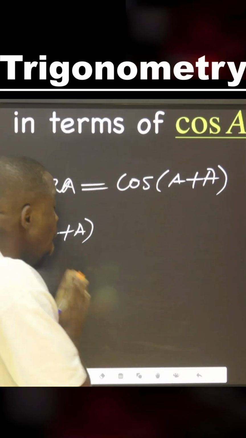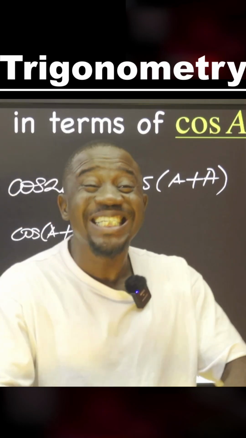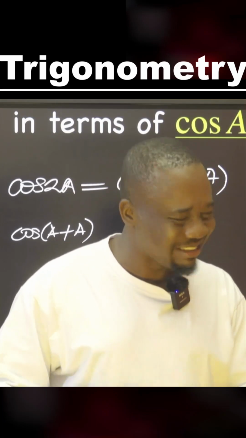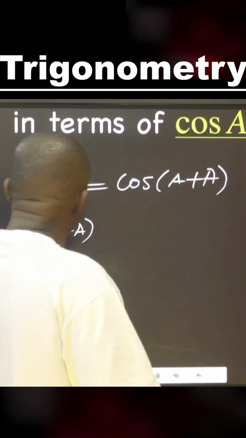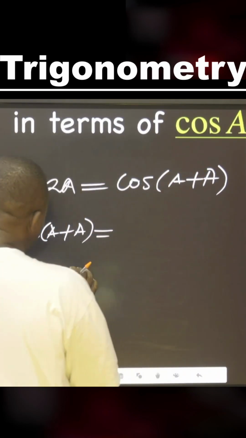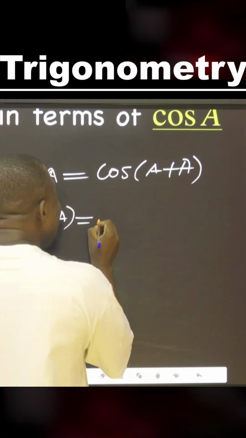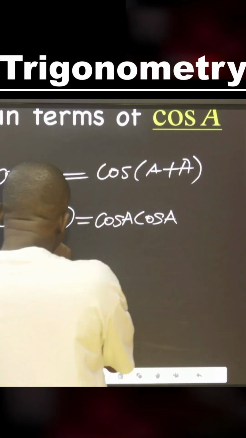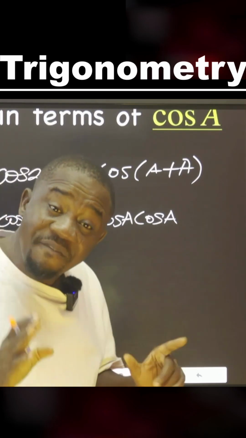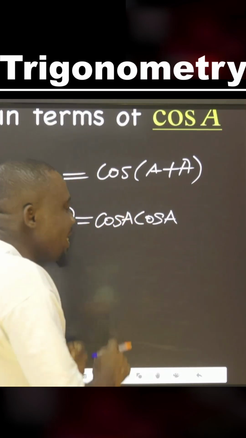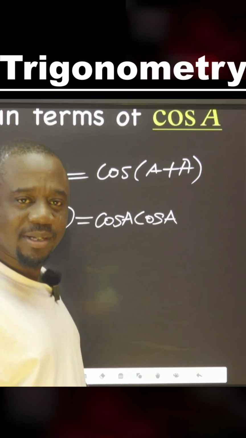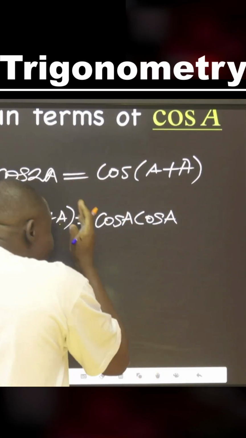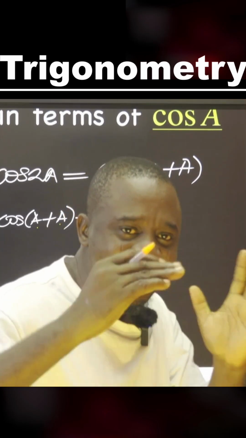But when it comes to cosine, cosine displays its bad character, or is stingy. Just as I explained earlier, this cosine will take cos A and also take cos A. Take this and take this. If it was sine, sine will take cosine, then the other one, cosine takes sine. But when it involves cosine, cosine, then sine.